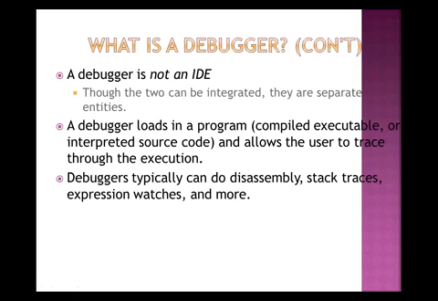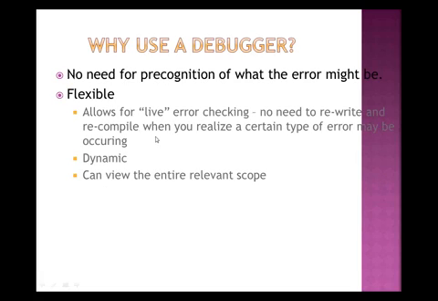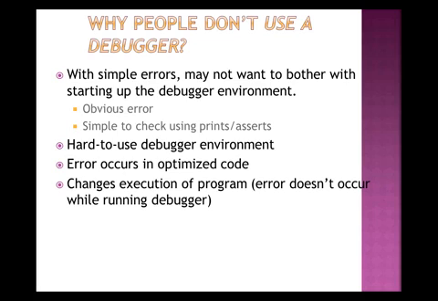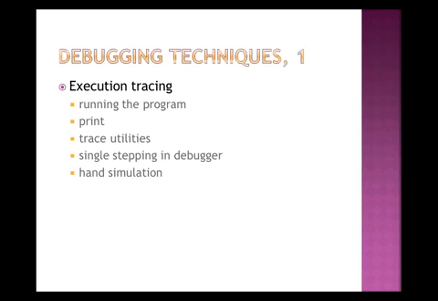It is not an IDE, an integrated development environment. Then we studied why we use a debugger: there is no need for precognition of what the error might be. It is flexible and allows for live error checking.